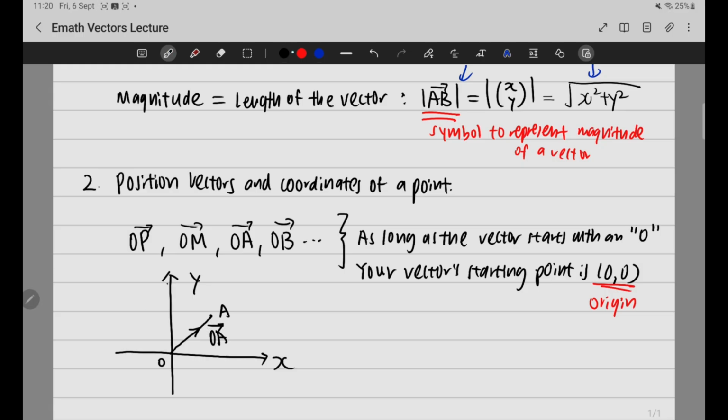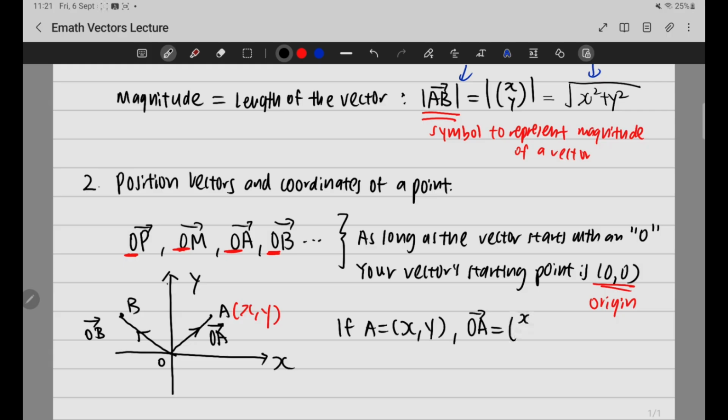If this is B, that means here to here is my OB. If the vector starts with an O, as you can see over here, the start point is always with reference to the origin O. So if the coordinates of A here is, let's say, (x, y), that means my vector OA is just (x, y).